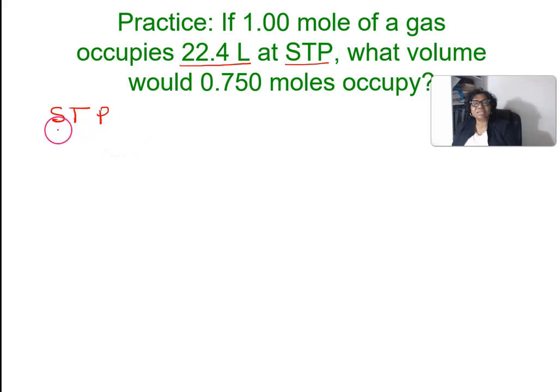So what is our standard temperature? Our standard temperature is 25 degrees Celsius. What is our standard pressure? It is 1 atmosphere. Take note. So this is standard temperature and pressure. Our standard temperature is 25 degrees Celsius. Our standard pressure is 1 atmosphere.